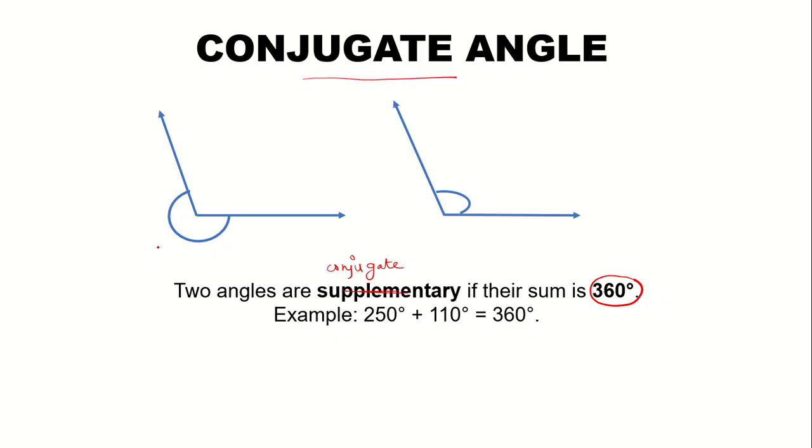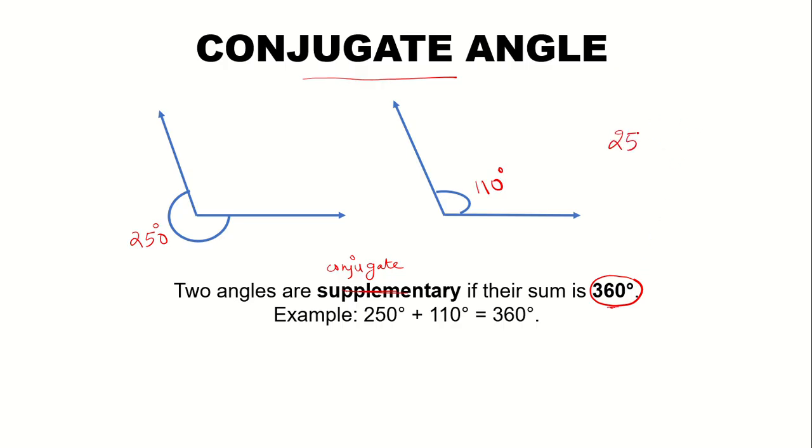Let's say this measures 250 degrees and this individual angle measures 110 degrees. When you measure both individual angles and sum them up, their resultant should be 360 degrees.